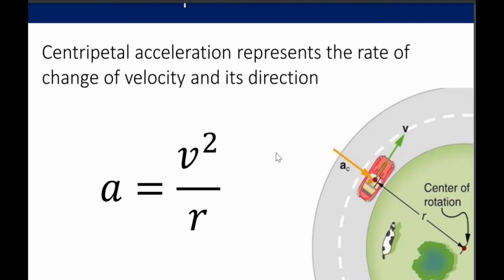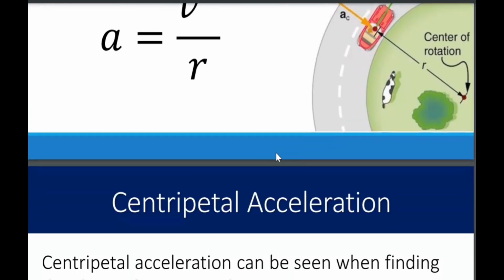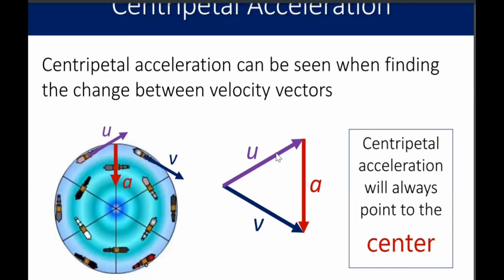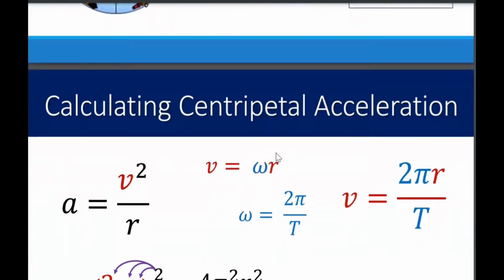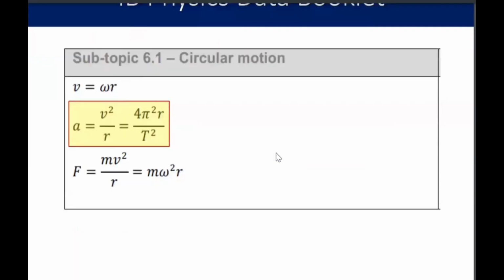Now, the direction in which this acceleration is going is dependent on the direction that the centripetal force is going, and it's always going towards the center of the circle. So because acceleration is going towards the center, that's because the centripetal force is going towards the center. And what exactly is this centripetal force?